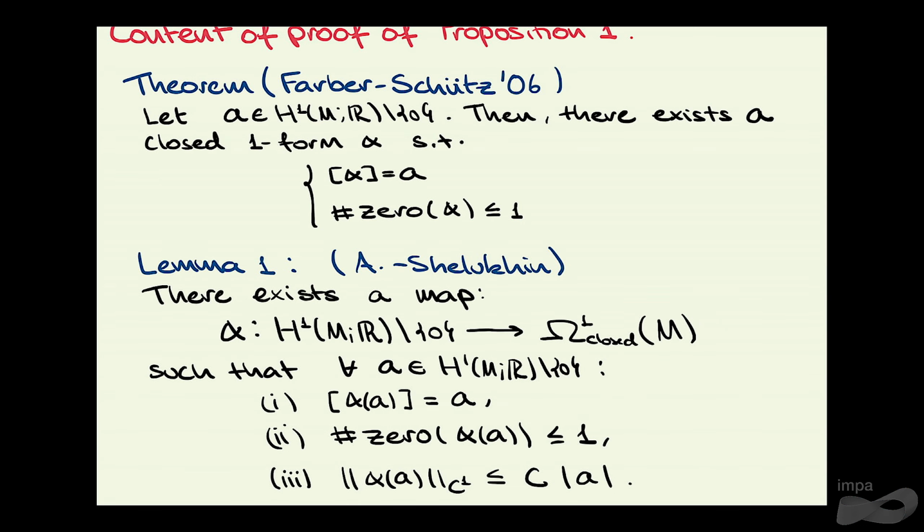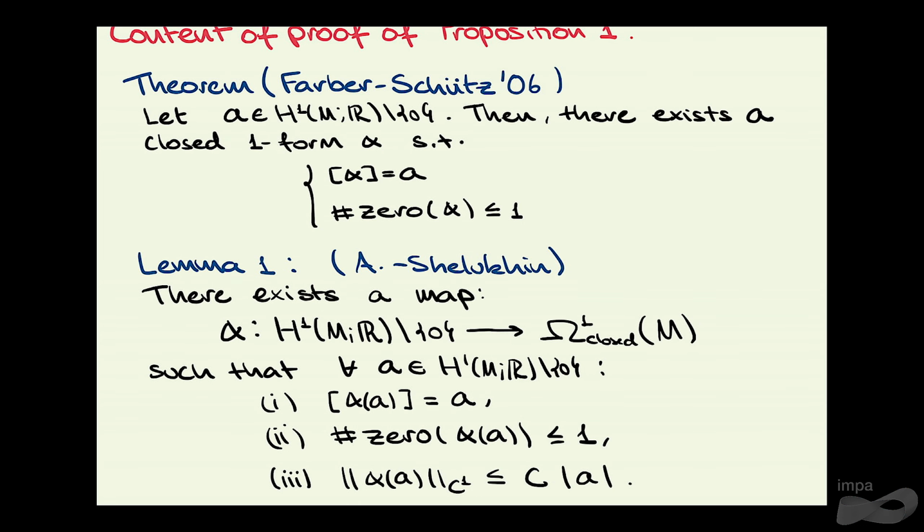Why do we want to do that? Once we have a representative with few zeros and we can control its C1 norm, the symplectic path that this one form induces, defined as a vector field by this defining property, has the following property: if the C1 norm is small enough, then the fixed points of the time one map of the symplectic isotopy will correspond to the zeros of your one form.